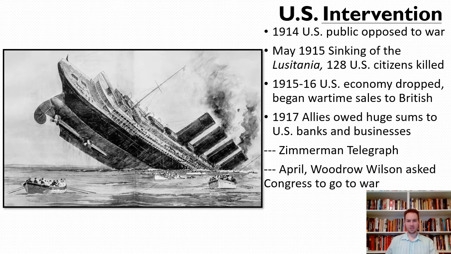And when this ship gets sunk, 128 US civilians die that were on it. This was a ship that went back and forth between Ireland, Britain, and the United States, kind of like a cargo ship in some ways, but mostly a luxury liner. Remember, there are no airplanes yet, so this is the only way you can get back and forth across the Atlantic. So when that happens, in the US, it's depicted as an absolute tragedy.